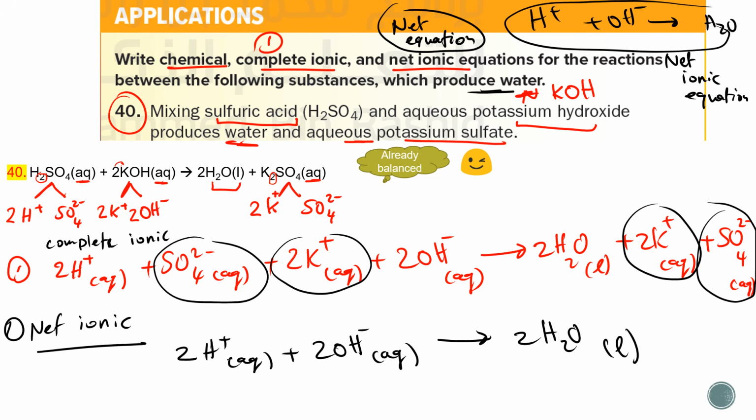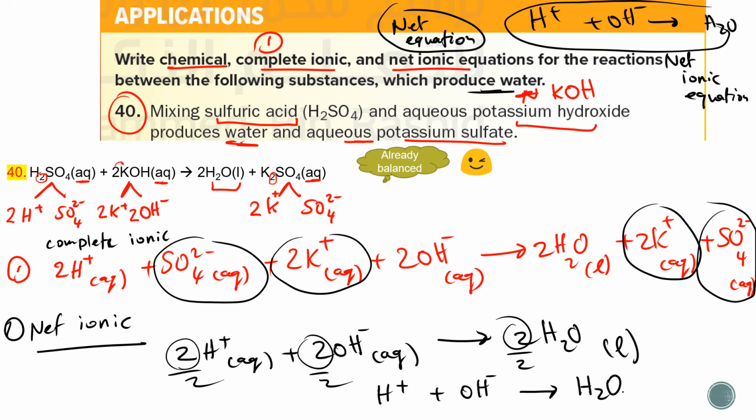So if you notice here, I can do something, because the ratios are 2 and 2 and 2. I can divide everything by 2 to make it in the lowest ratio. So it will be H plus plus OH minus gives me H2O. Okay? So this is the net ionic equation.